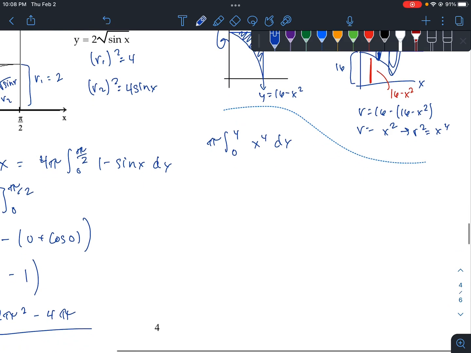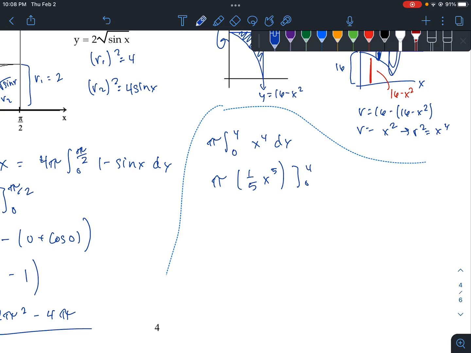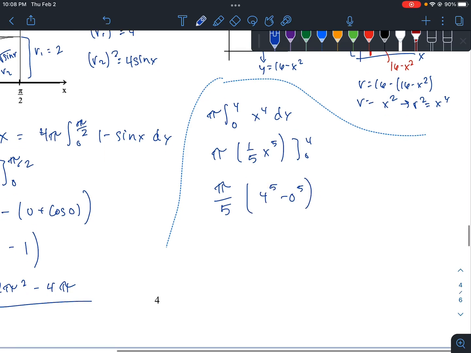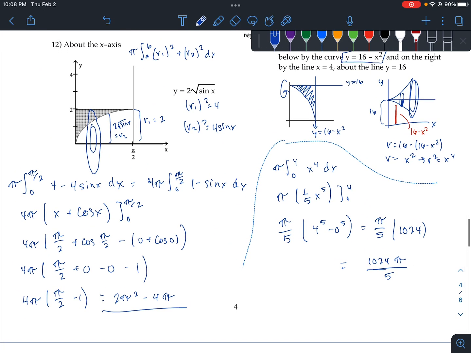So we'll have pi times 1 over 5 x to the fifth from 0 to 4, so pi over 5 times 4 to the fifth minus 0 to the fifth. 4 to the fifth is 1024, so we get 1024 pi divided by 5. That's the volume of that solid right there.